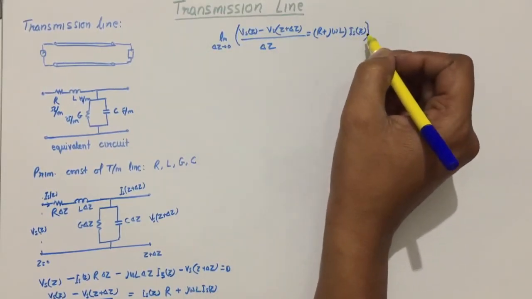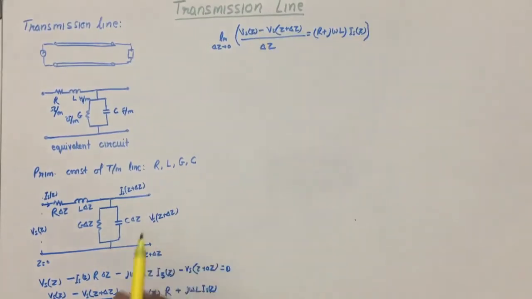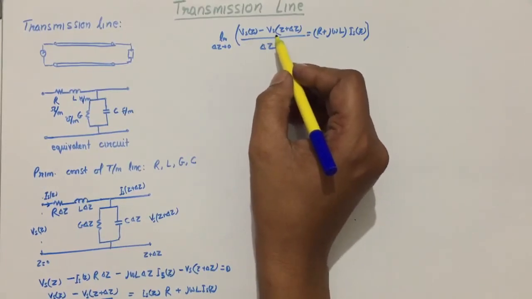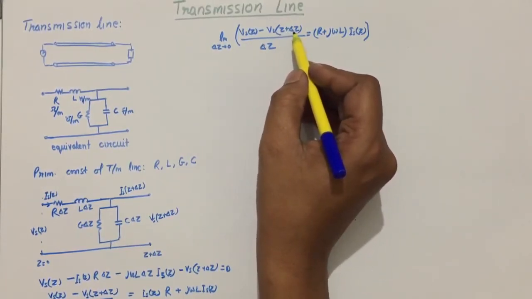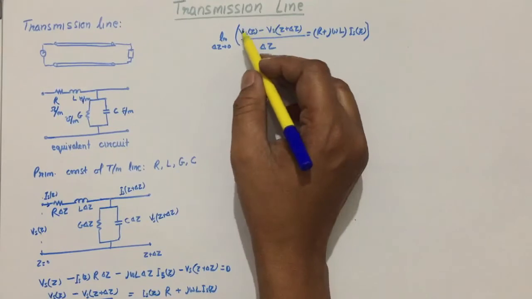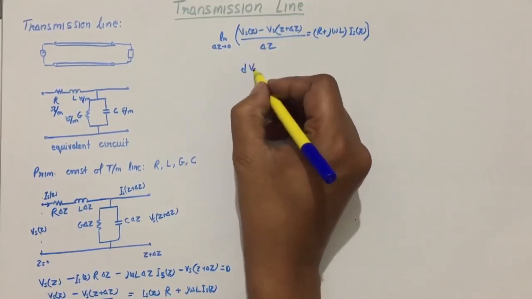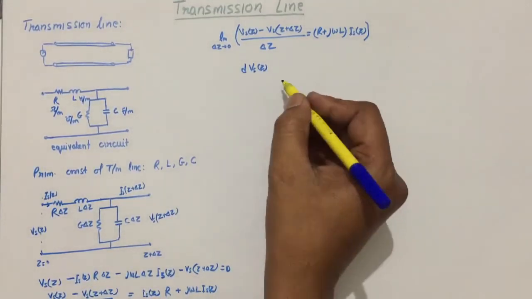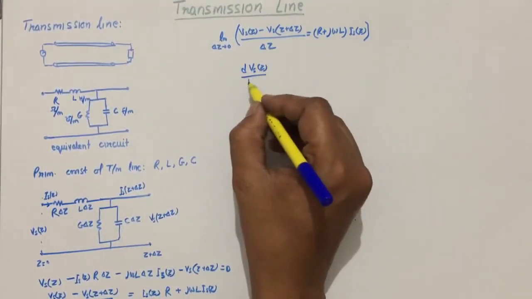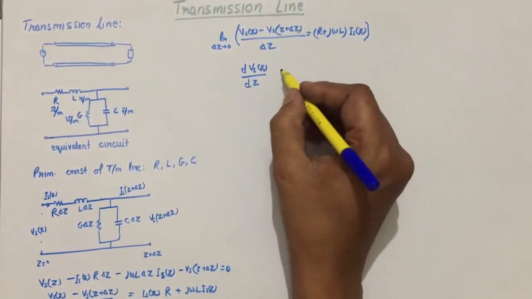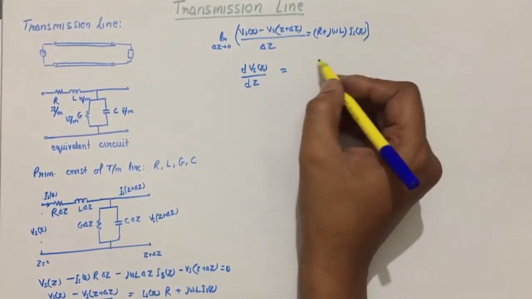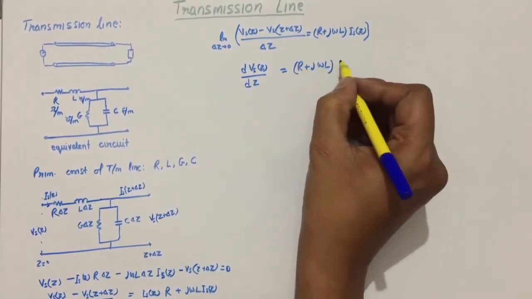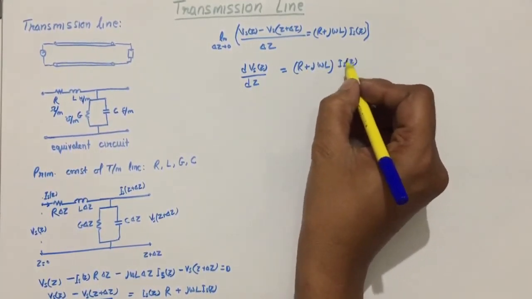If we apply this limit, then what we can find here, Vs(z) minus Vs(z plus delta z), this will be the differential voltage, and it can be differential length. On the right side there is no delta z, so there will be no change, it will remain as it is.